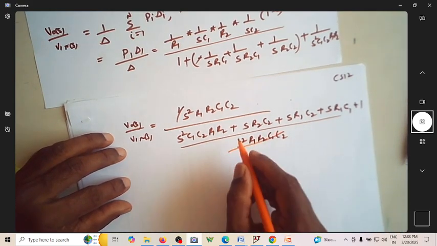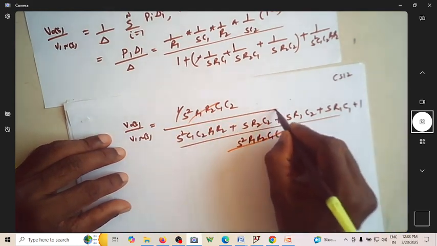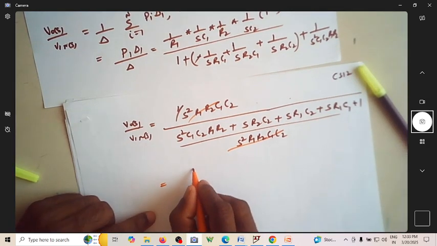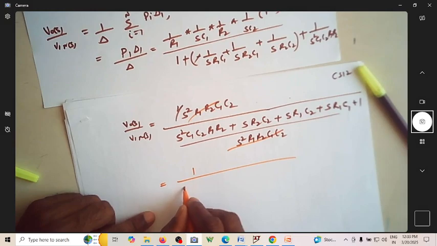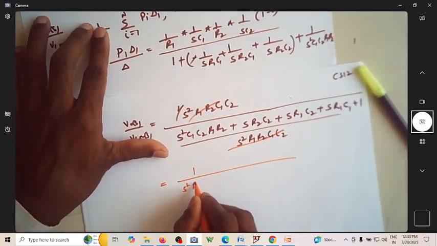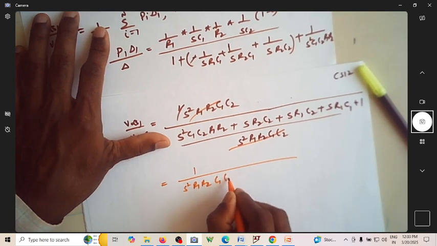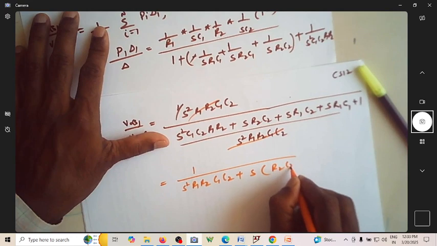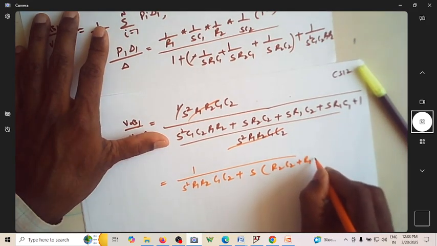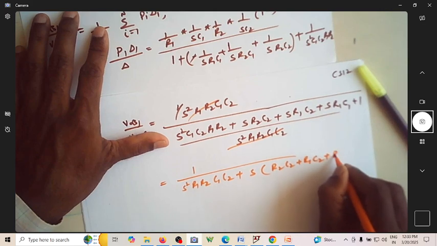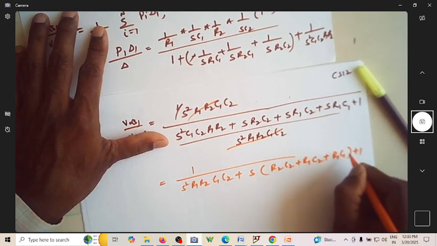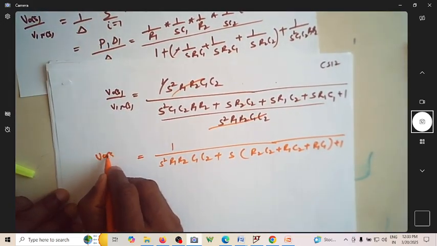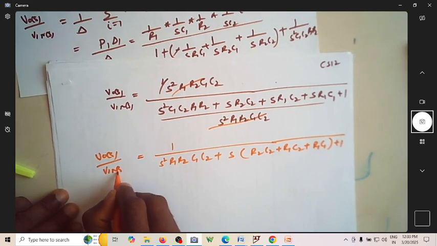So this will go with this. Ultimately we end up with 1 over s squared R1R2C1C2 plus s into (R2C2 plus R1C2 plus R1C1) plus 1. Correct? This is your V0(s) by Vin(s).